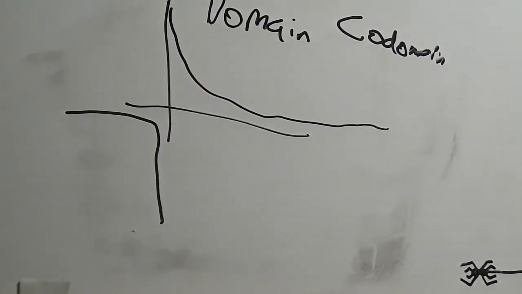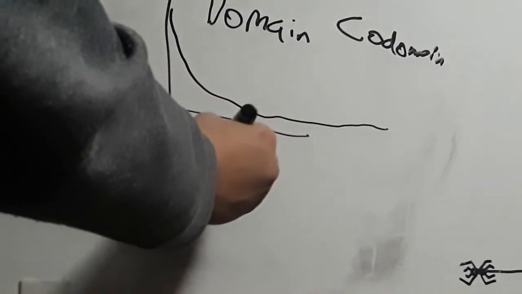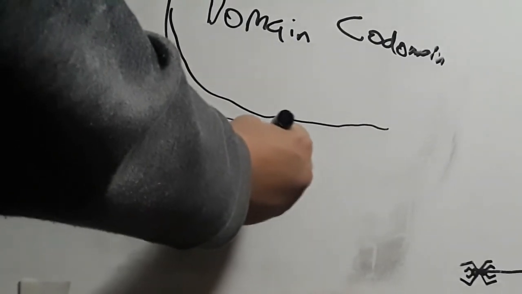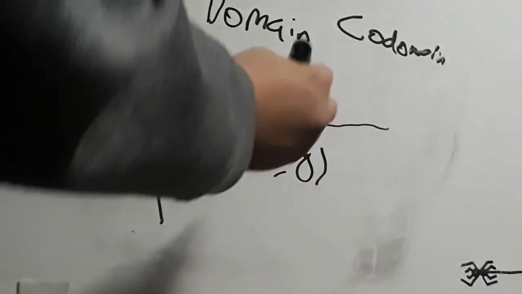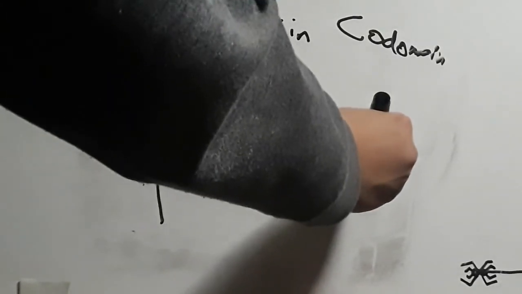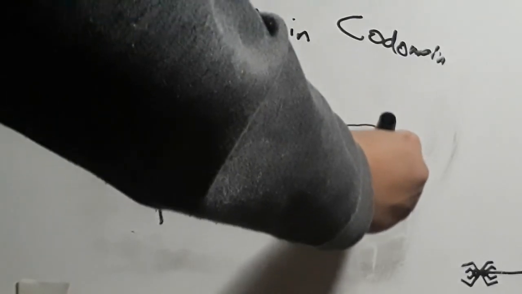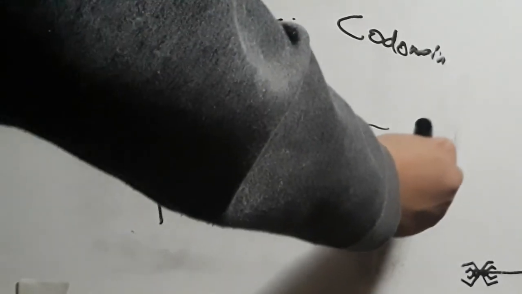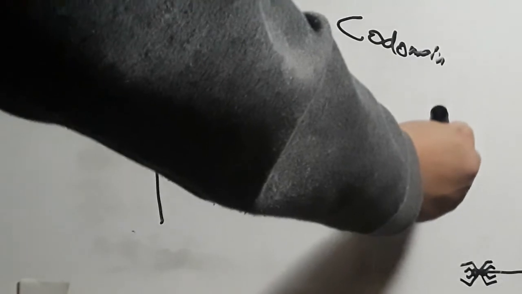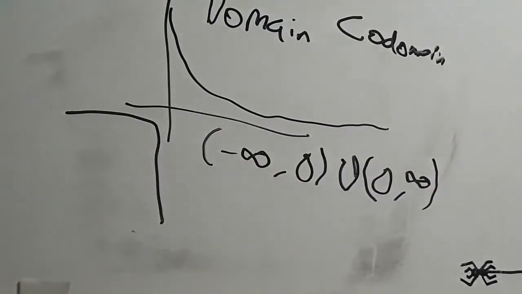So it would have a domain of negative infinity to 0, with a union of 0 to infinity. And if you used an intersection, it would be nothing. It would only have a common thing of 0. And that would just not even have an image.